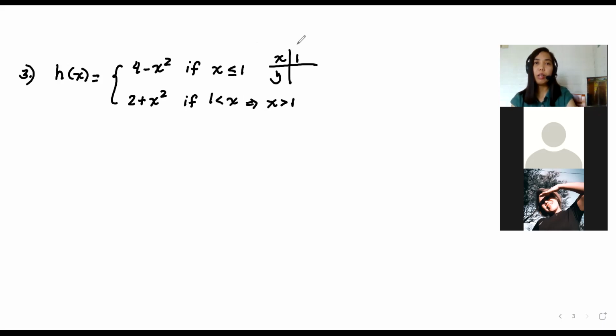So we'll start with 1 and it's closed at 1, pababa. 1, 0, negative 1. So if x is 1, so 4 minus 1, it's 3. If x is 0, y is 4. And if x is negative 1, 4 minus 1 is still 3. And here, x is greater than 1. It's open at 1.